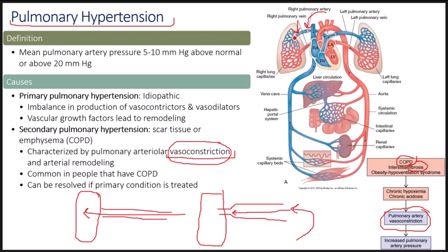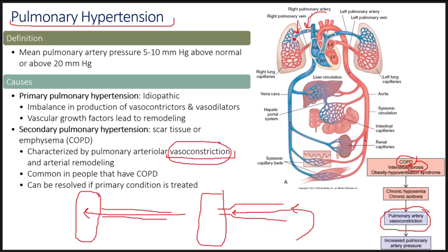But when it does that, that constriction causes blood to back up into the pulmonary artery, which causes there to be an increase in volume and an increase in pressure against the walls of the pulmonary artery. That will increase the resistance that that right ventricle now has to overcome just to push blood to where it needs to go.